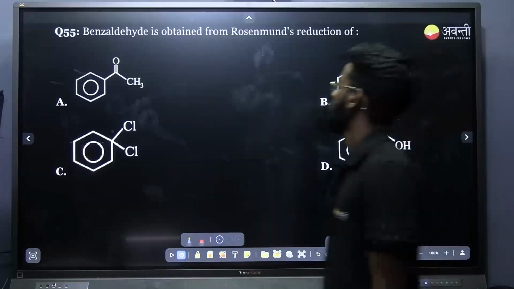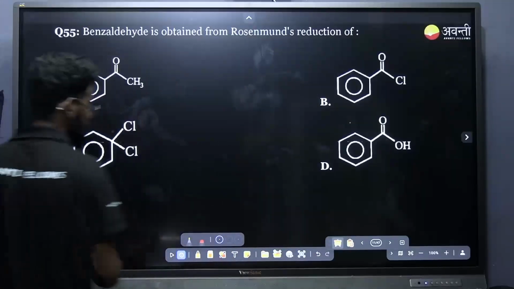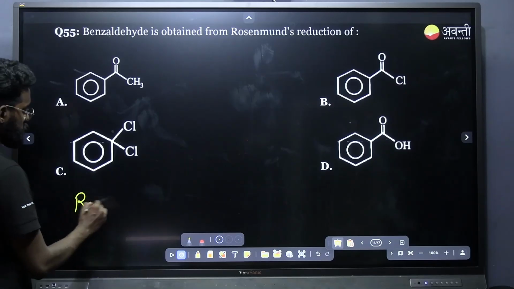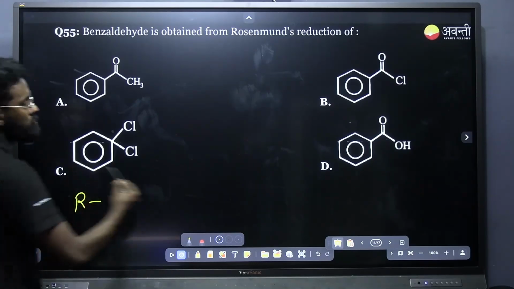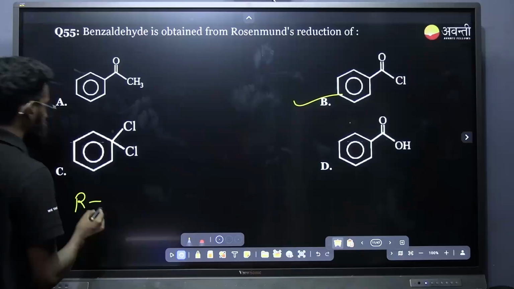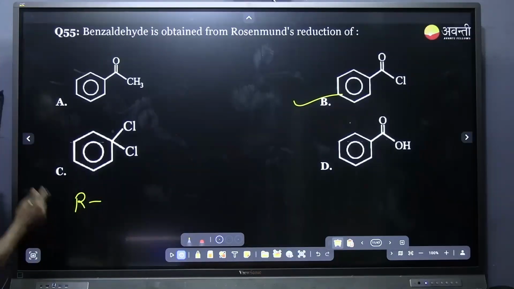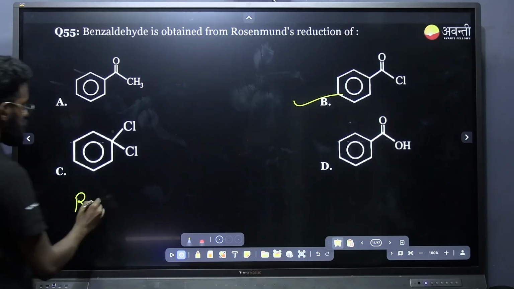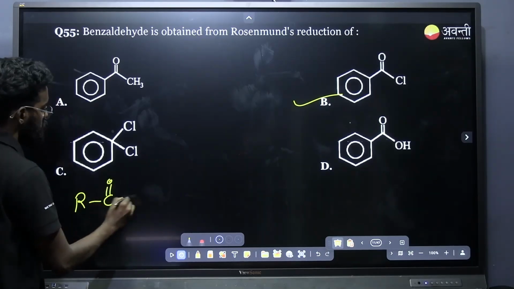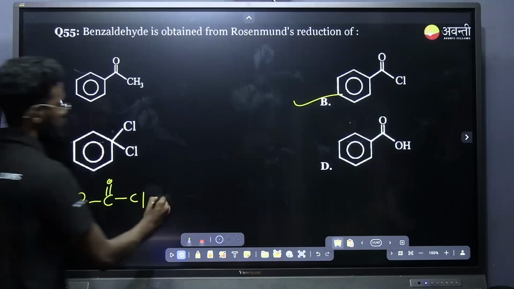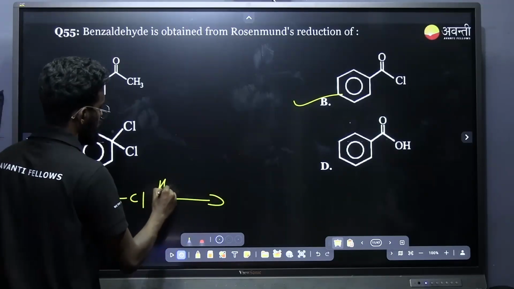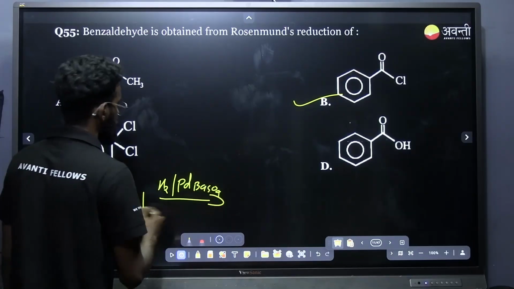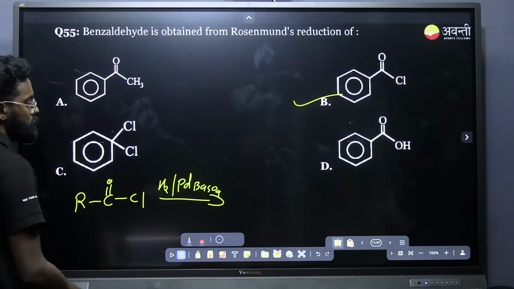Now the next question. Benzaldehyde is obtained from Rosenmund's reduction reaction. What is Rosenmund's reduction reaction? Option B is the correct one. It's a very simple question. Rosenmund's reduction: RCOCl, that is acid chloride, on treating with H2 over Pd or Pt in the presence of BaSO4.